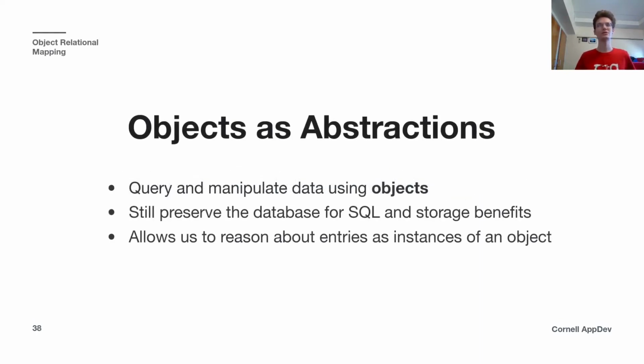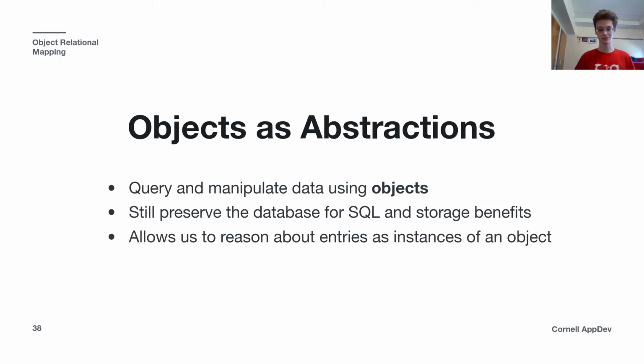So in an object relational mapping, the objects are this kind of abstraction where you create objects in your code, and it will sort of under the surface automatically translate the operations you do in code to SQL and keep your database updated, so you can have persistent storage.